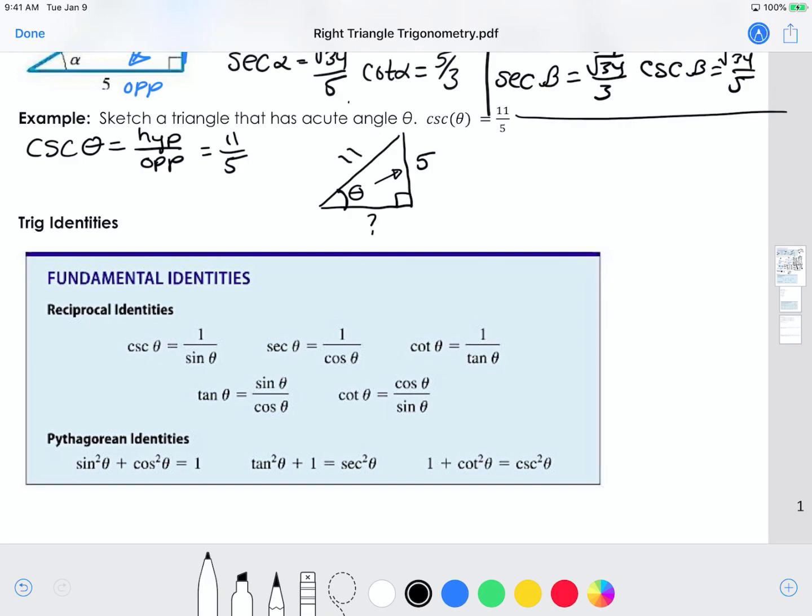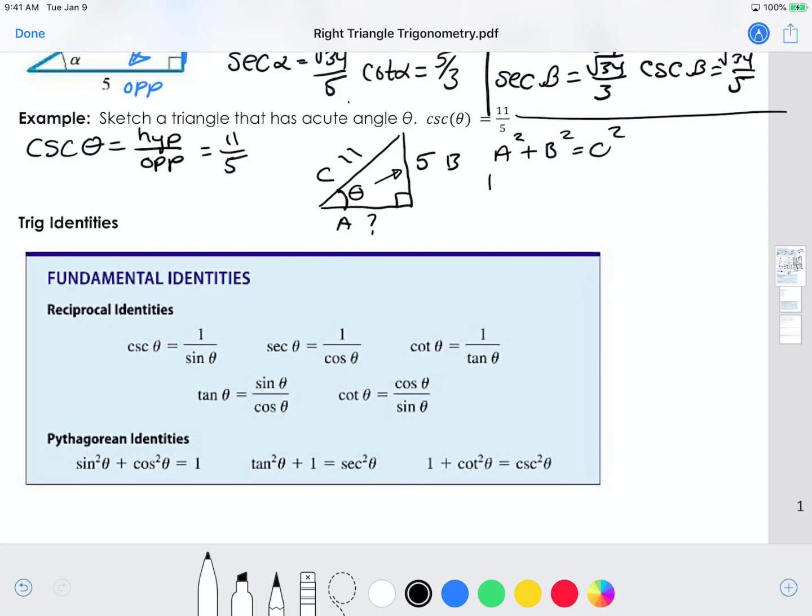So the only thing left I have to do to sketch the triangle is to find that third side or that other leg so I can completely draw this, which would be my adjacent side. So I can just use Pythagorean theorem to find this. So if I call this leg A and this leg B and the C, I would have A squared plus B squared is equal to C squared.